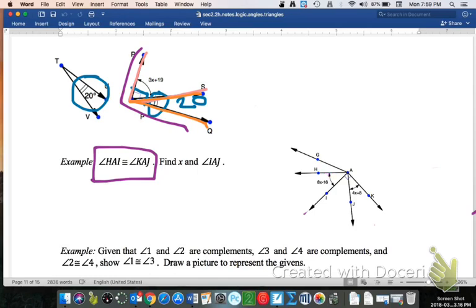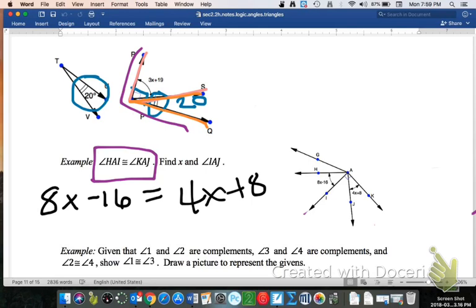So if we know that these two angles are congruent, and we know that this one is 8x minus 16 and the other one is 4x plus 8, we can then set up our equation so that 8x minus 16 has to equal 4x plus 8.